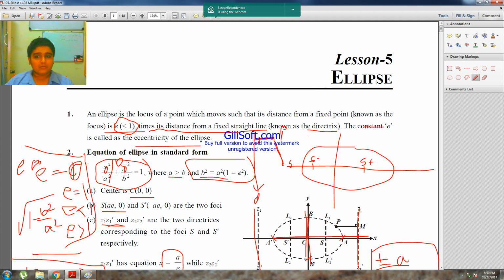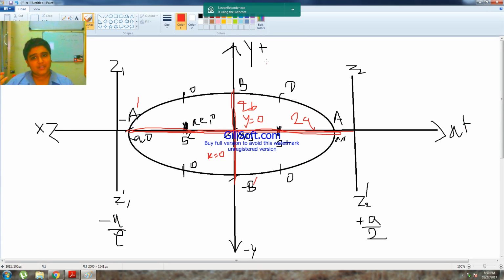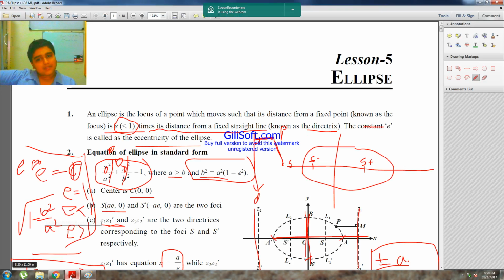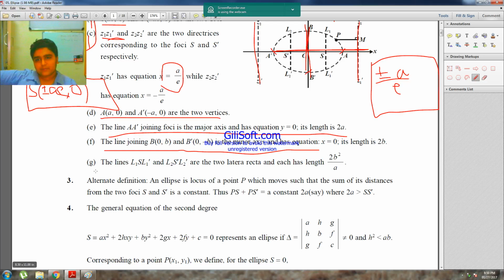At y equal to 0, this thing becomes 0, and that says it's symmetric along the x-axis. So it has two lines of symmetry, the x-axis and y-axis. Along these two lines it's going to be one and the same, just the signs get inverted because it is in the positive and the negative directions respectively.